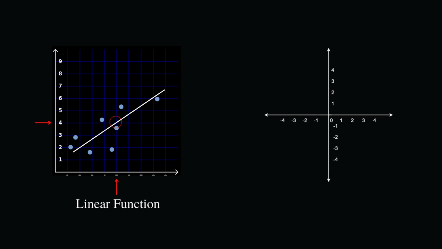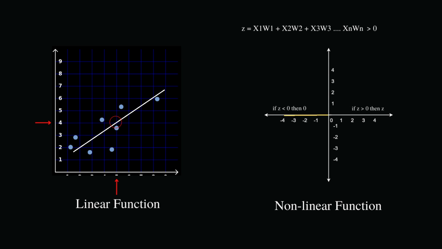For instance, let's take the case of a non-linear function shown here. If the dot product of weights and inputs gives a negative value, the activation function will not fire, but if it is a positive value, it simply fires. This particular non-linear function is known as a ReLU, or rectified linear unit, and is commonly used as an activation function in neural networks.